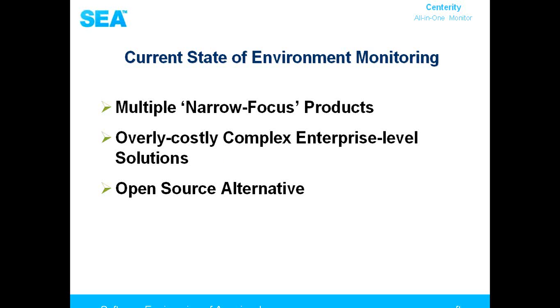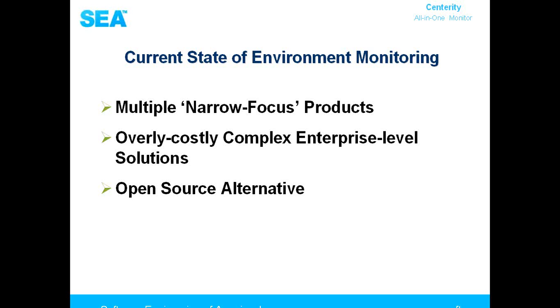Just to take a quick look at the current state of environment monitoring. There are many products out there, and they can be broken down into 3 major areas. Point products, such as SolarWinds and What's Up Gold. These tend to address specific areas of your network, but not all of them.